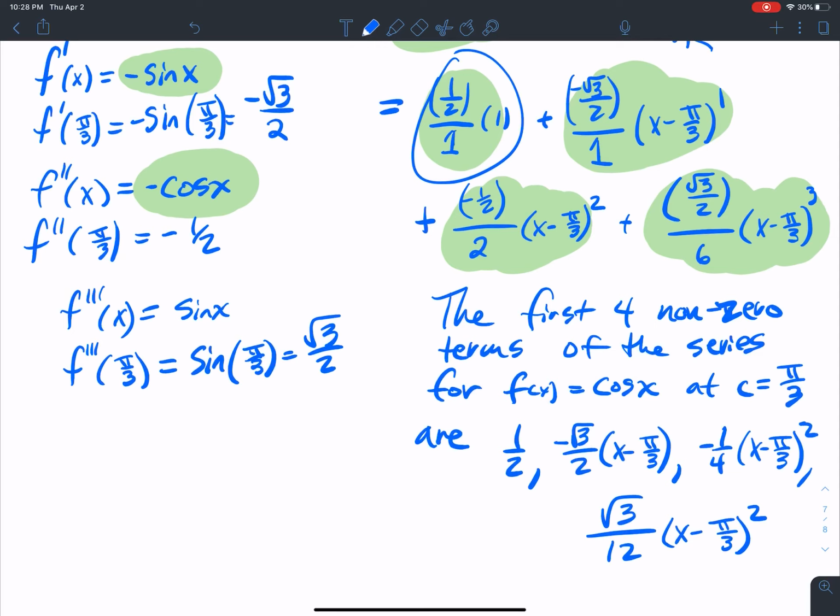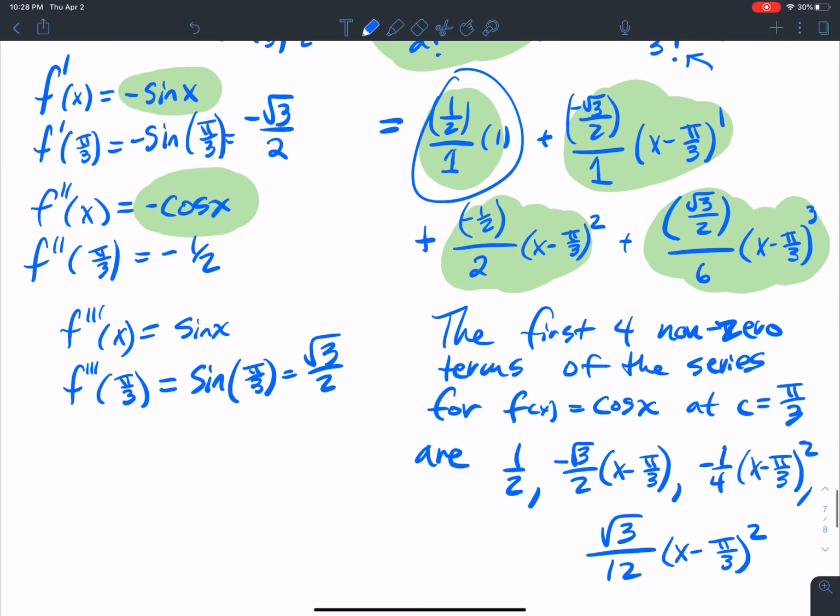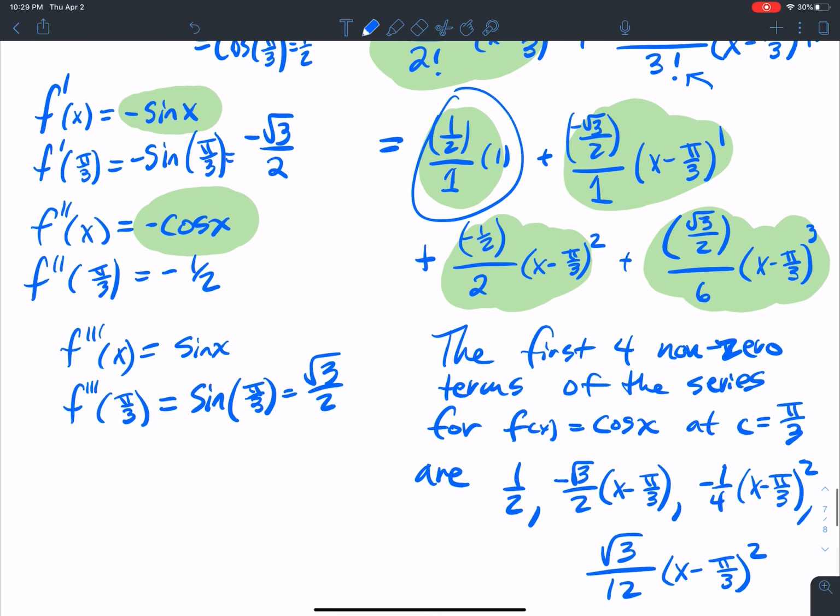So to write out the nth term of this one, that would actually be kind of challenging, but definitely doable. What I might notice here is, this would be n equal to 0, n equal to 1, n equal to 2, n equal to 3, right?